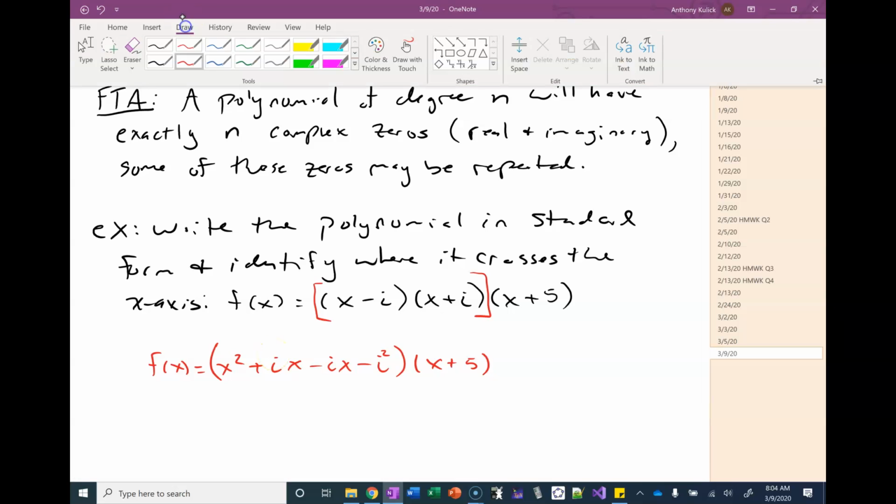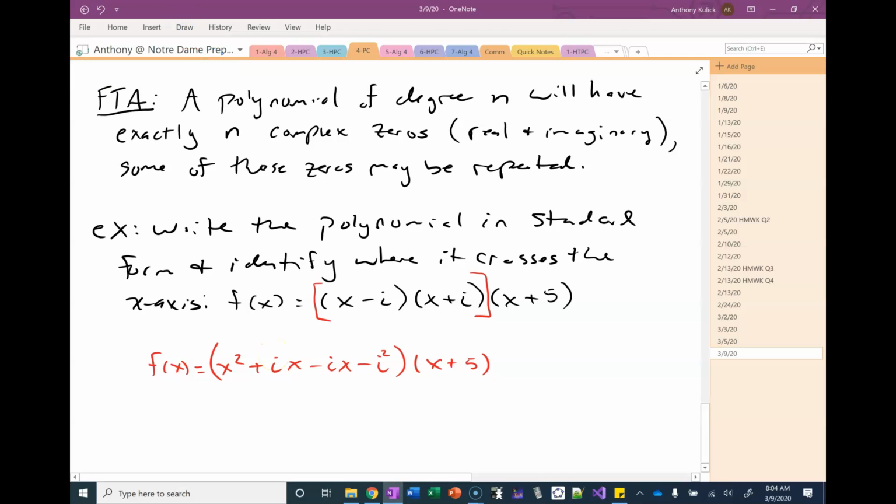When we combine like terms inside that set of parentheses, what do you notice happens? I have a plus ix and a minus ix, so those are going to cancel out. And then I have an i squared. Do you guys remember what i squared equals? So remember the imaginary number i was equal to the square root of -1.